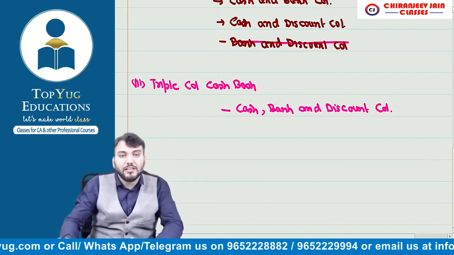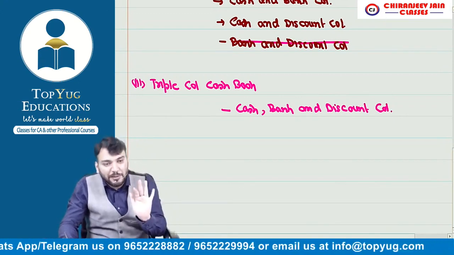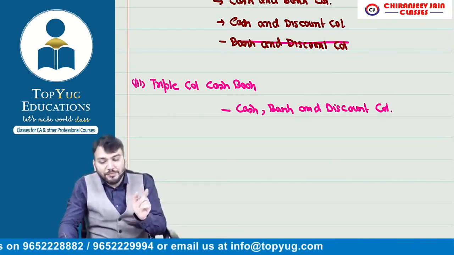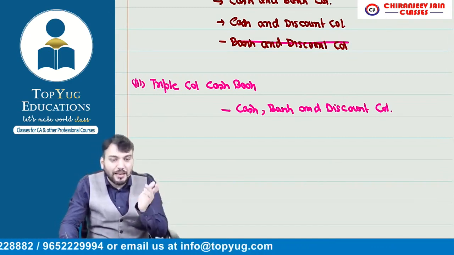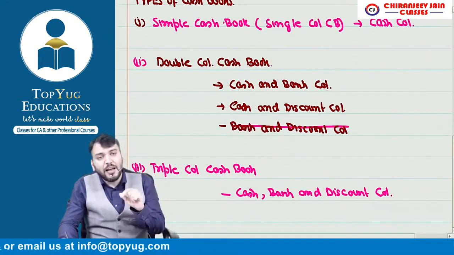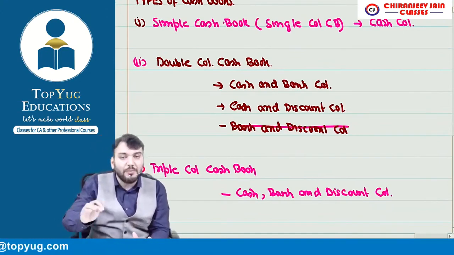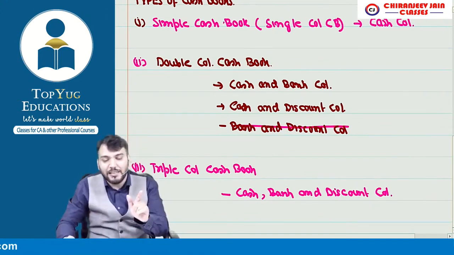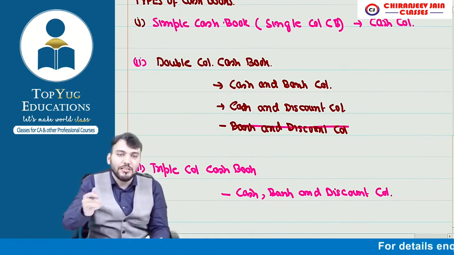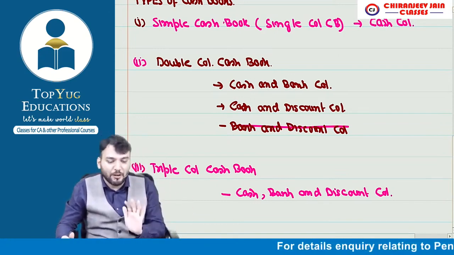All cash receipts and payments will be recorded, bank receipts and payments will be recorded, and also discount received and allowed will be recorded. If I give you the format of triple column cash book, it will automatically cover simple column and double column cash book. So I will only explain triple column cash book, then we'll take some questions of single column, double column, and triple column cash book.